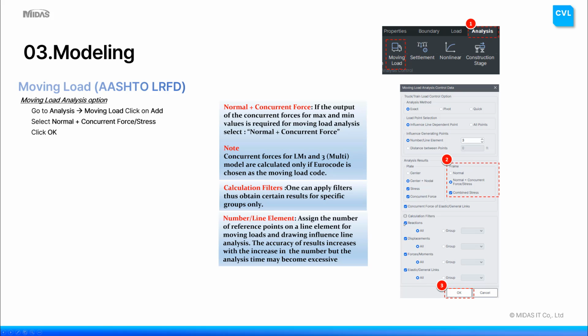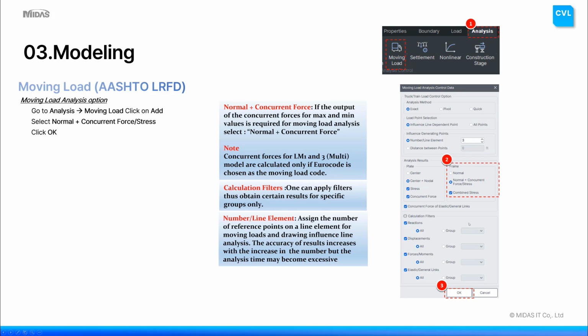If we don't need, for example, the reactions or displacements, and I just want to see, for example, the forces and moments for the calculations, I can just select those options in order to let the program know that these particular calculations can be skipped for the analysis. So this analysis control data can be used in order to speed up the analysis process, and a lot of engineers use it.